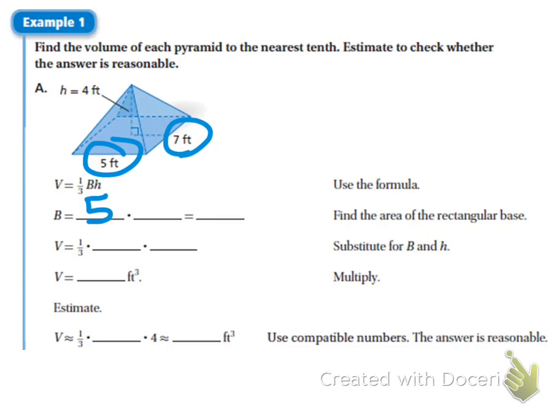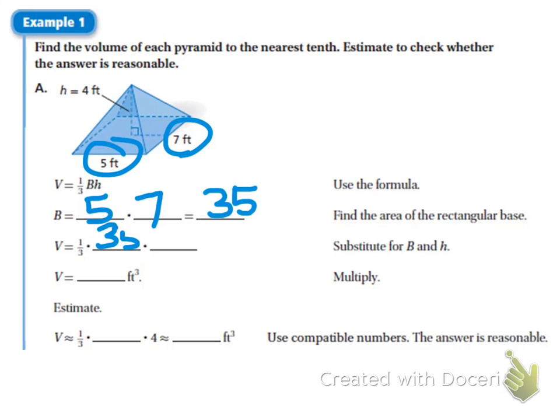And what is the width? Ray? 7 feet. That is correct. So 5 times 7 is? Miss Monty? 35 feet. Excellent. And so we're going to put 35 times our height.